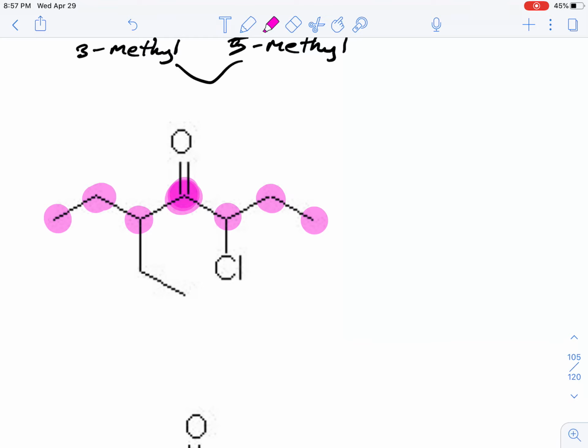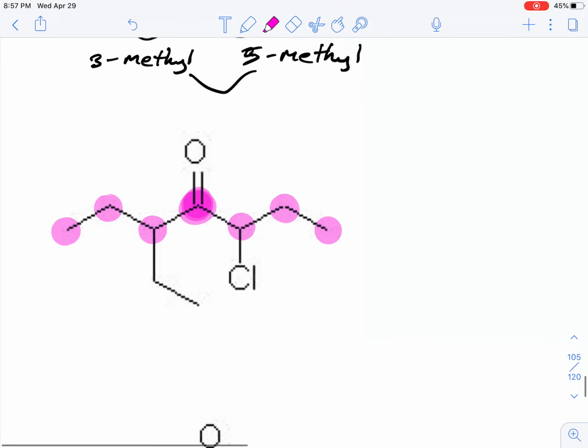Okay, so if I back step, or if I go back 2 carbons, I have 1, 2, 3, 4, 5, 6, 7. So it looks like in either direction, I'll get 7 carbons as my longest carbon chain. So I'm just going to make it easy for myself and go straight across.